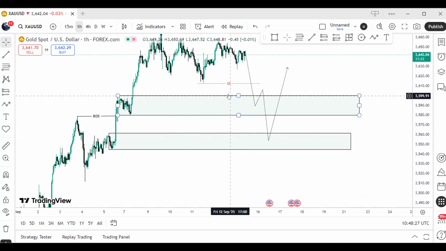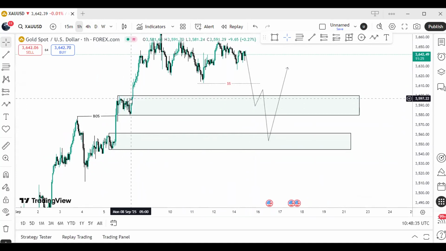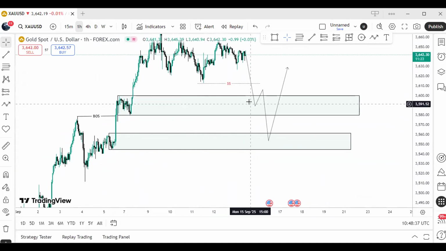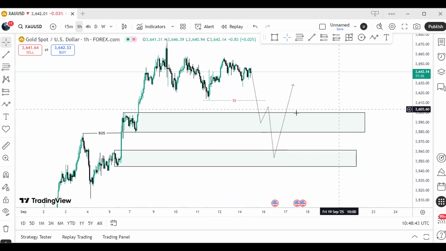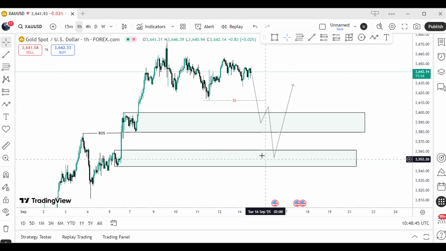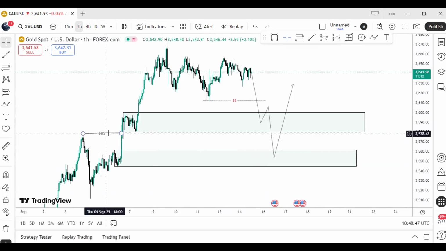Now there are variables or concepts I use to identify a valid break of structure, which was not valid here. So I will need additional confirmation when price approaches this zone, before I buy, right? But I can set a limit order here because I've gotten a valid break of structure. Why?